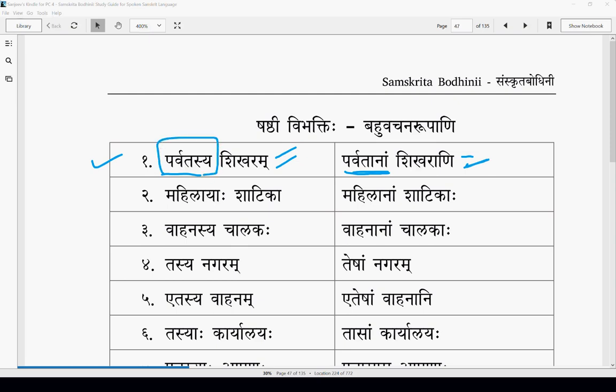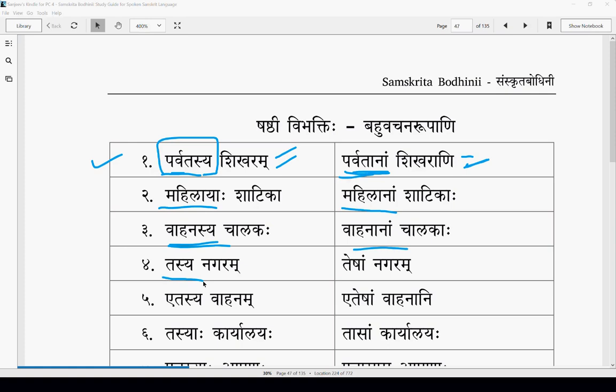So Shashti Vibhakti Ekavachanam, Pullinga becomes Parvatasya, and Bahuvachanam Parvatanam, like Ramanam, Balakanam. And Mahila, Akaranta Strilinga, like Lata: Ekavachanam becomes Mahilayaha, Latayaha, Umayaha, and then Bahuvachanam becomes Mahilanam, Umanam, Balikanam, etc. Napunsakalinga and Pullinga are the same: Vahanasya and Vahananam.